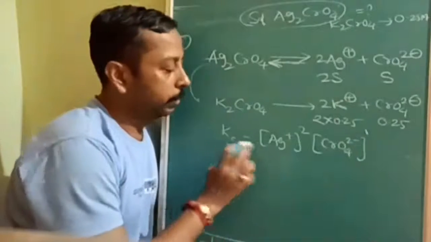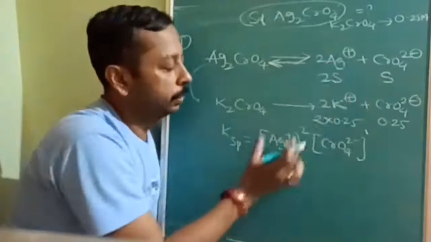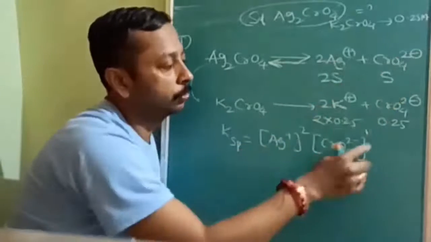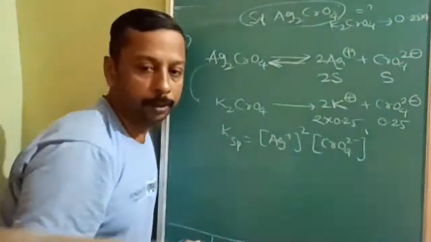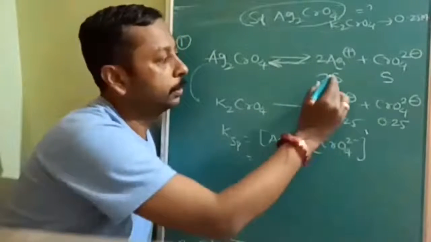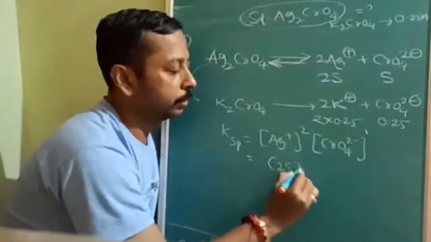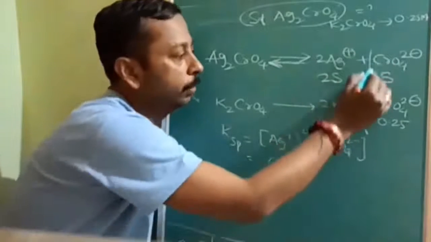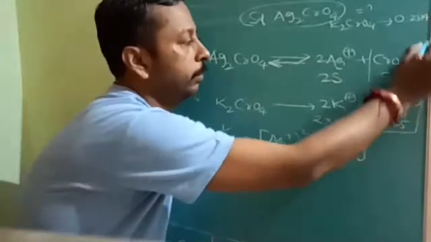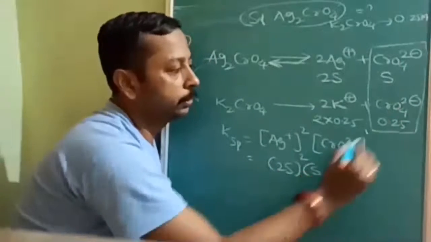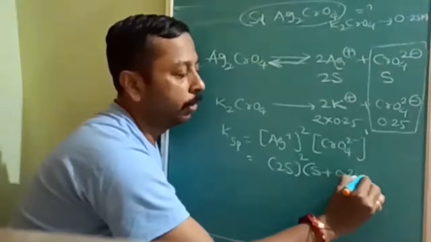Now let us see here. In the place of Ag+, what should I write? 2S whole square. And CrO4 2- we are getting from two places: from here I am getting S, and from here I am getting 0.25.